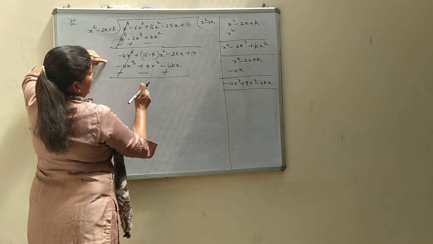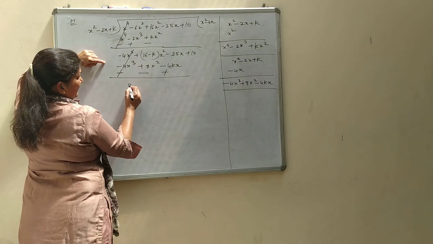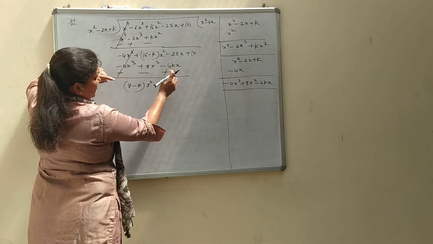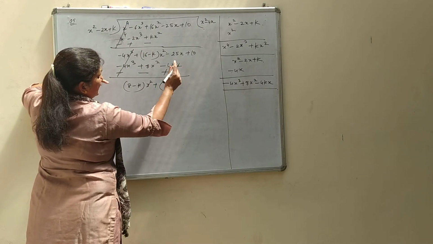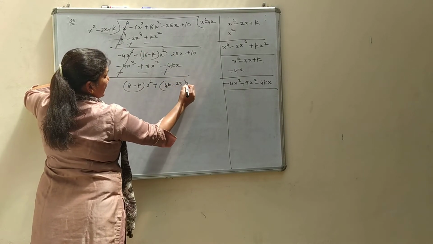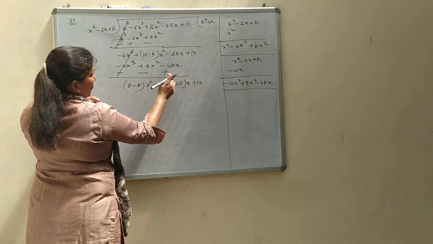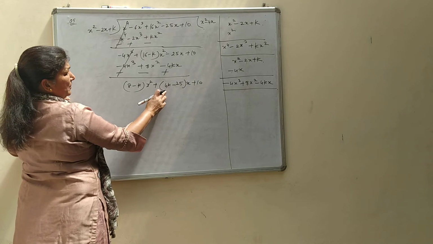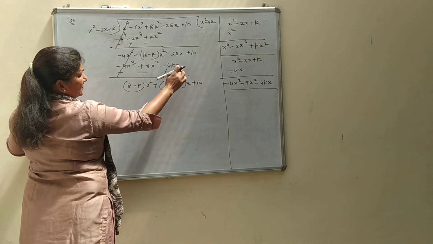Now 16 minus 8 minus k into x square plus 4k minus 25 into x plus 10. 4k is a positive sign, therefore we are taking the first number. 4k minus 25 into x.